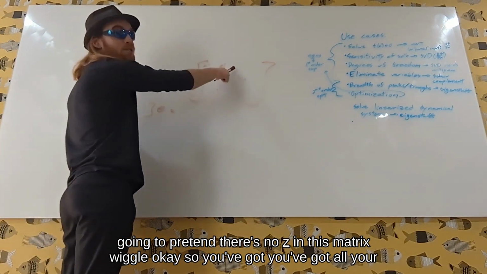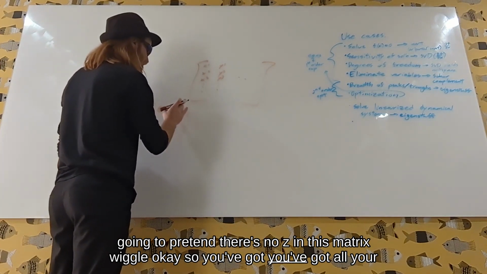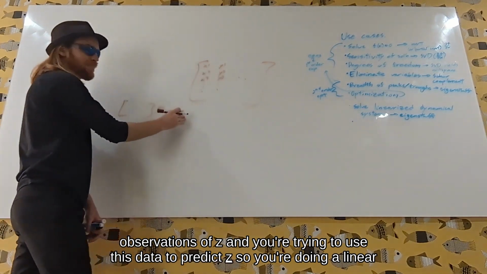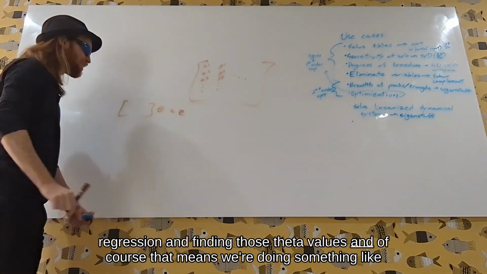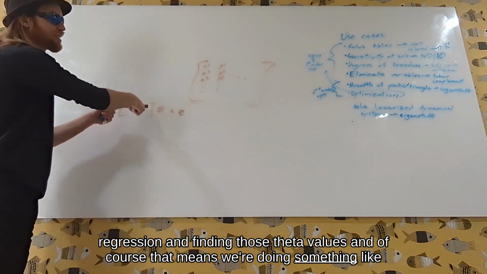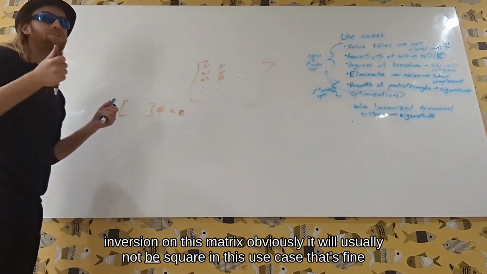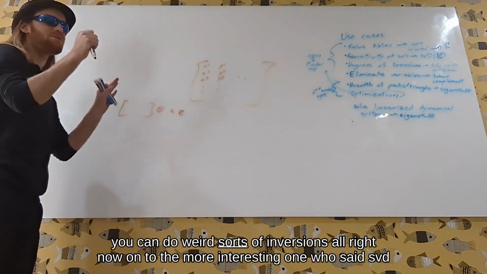We're going to pretend there's no Z in this matrix. So you've got all your observations of Z, and you're trying to use this data to predict Z. So you're doing a linear regression and finding those theta values. And of course, that means we're doing something like inversion on this matrix. Obviously, it will usually not be square in this use case, and that's fine. Do weird sorts of inversions.